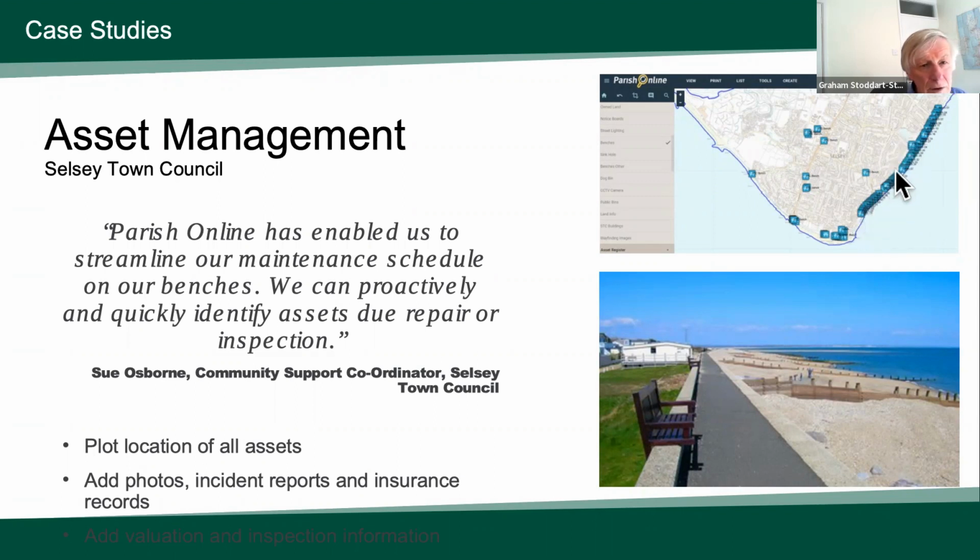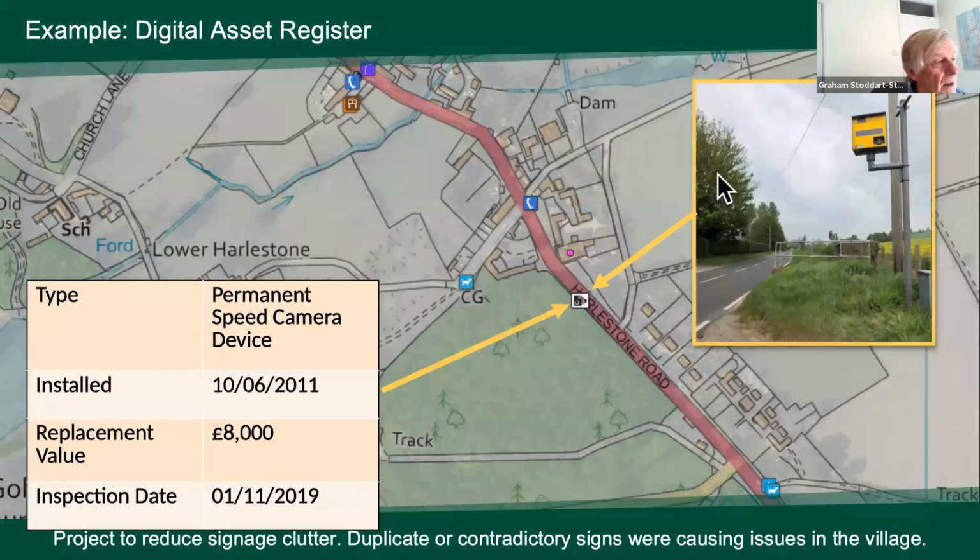And clearly they've got all of their items mapped, and they can click on any one of these and find out what the state of it is, when it was last varnished, when it was last maintained, what it looks like in a photograph, all that sort of stuff. Really handy. And then when you're explaining to people where stuff is and what it looks like, you can give a photograph in the system, you can put data into the system. It all becomes much clearer once it's visually there on the map.